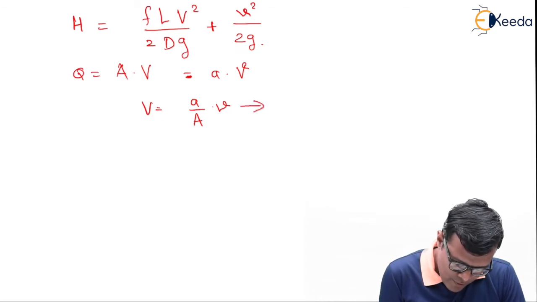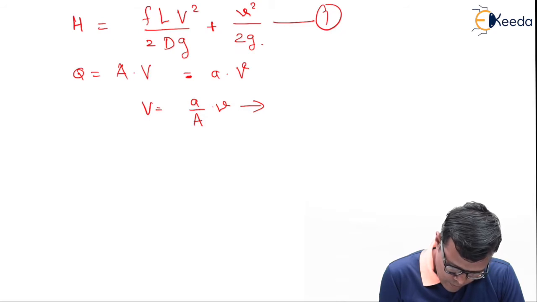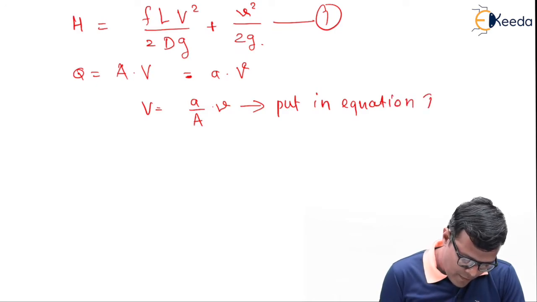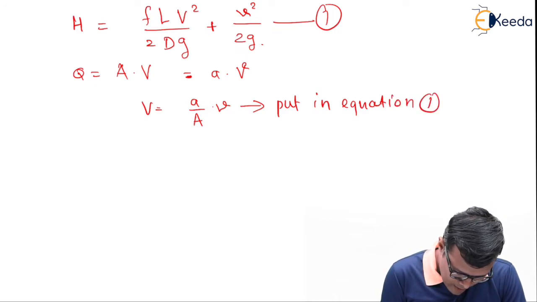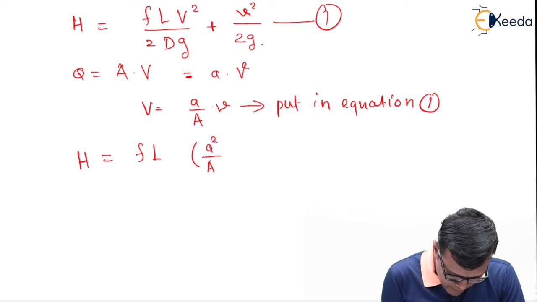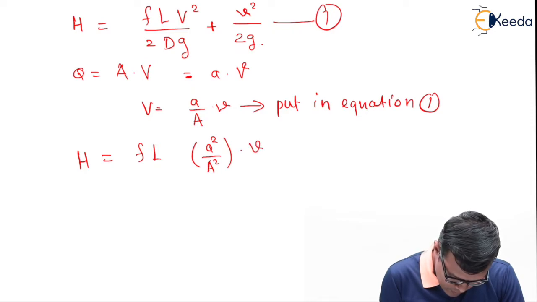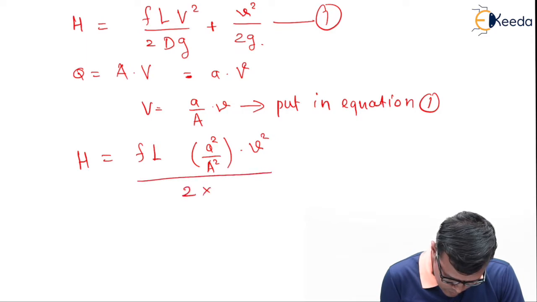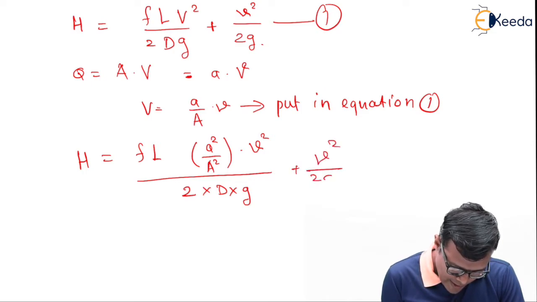So replacing in the above equation 1, we will have the relation as capital H is equal to FL small a square upon capital A square times v square upon 2g. We can take v square upon 2g as a common term.